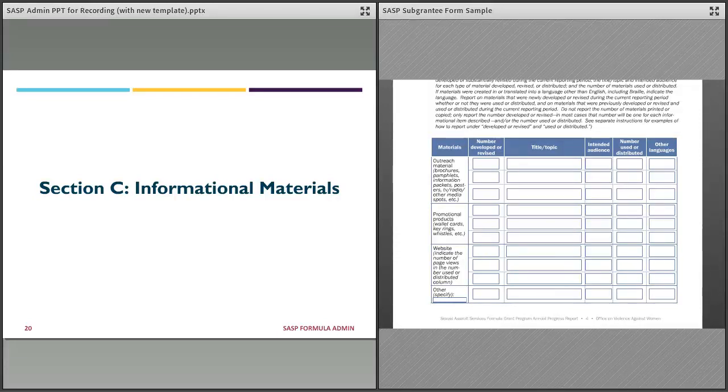The number printed should not be reported in the number developed or revised column. For example, if you see that they listed 500 brochures in that first column, that likely indicates that that's how many copies they had made, not that they created 500 separate brochures during the current reporting period.